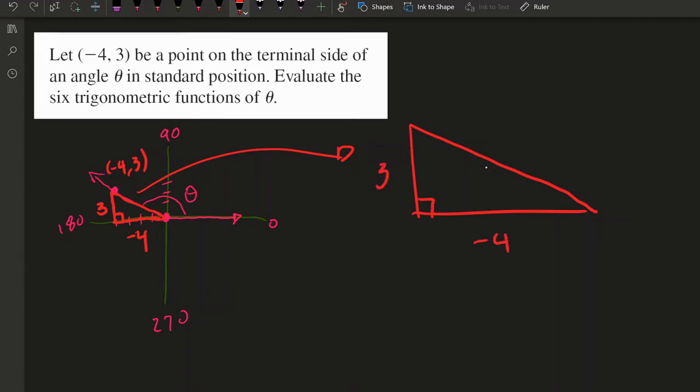So we can just go ahead and use the Pythagorean Theorem here. A squared plus b squared is equal to c squared, to get 3 squared plus -4 squared equals c squared. That'll be 9 plus 16 equals c squared, 25 equals c squared. So therefore, c is equal to 5.